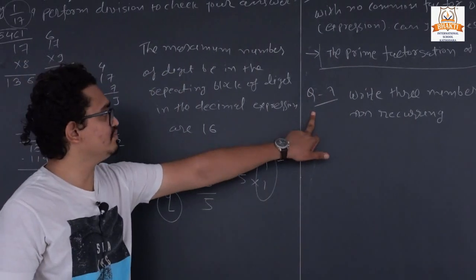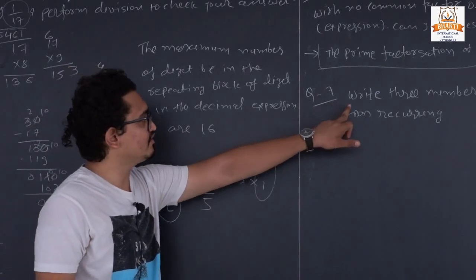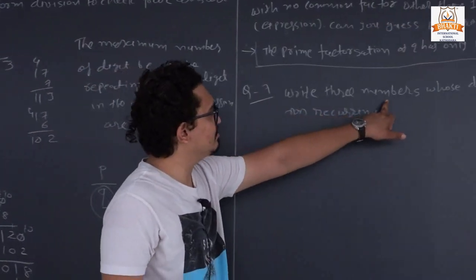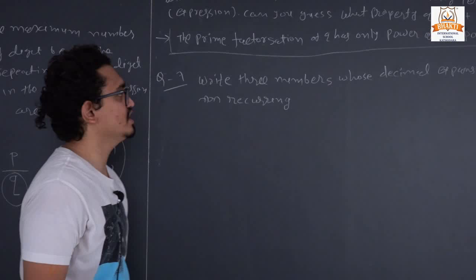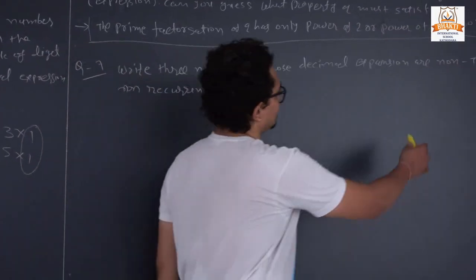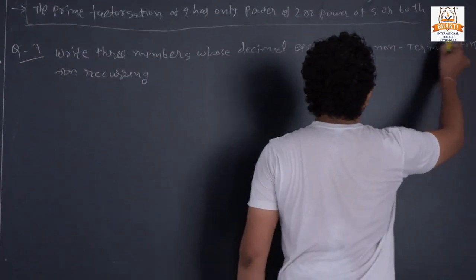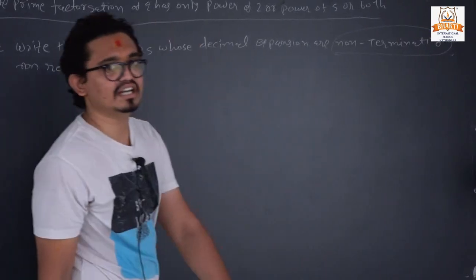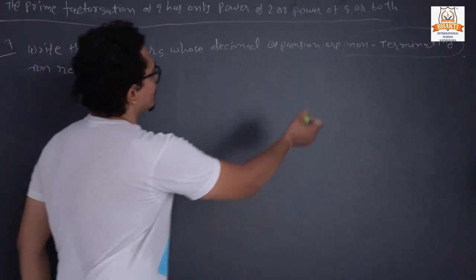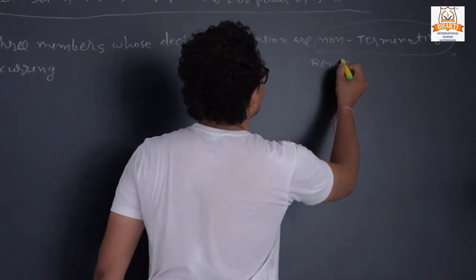Now question number 7, they are saying what? Write 3 numbers whose decimal expansion is non-terminating and non-recurring. In the previous lecture we talked about this term. What is non-terminating? The remainder will not be 0. It is called a non-terminating number.